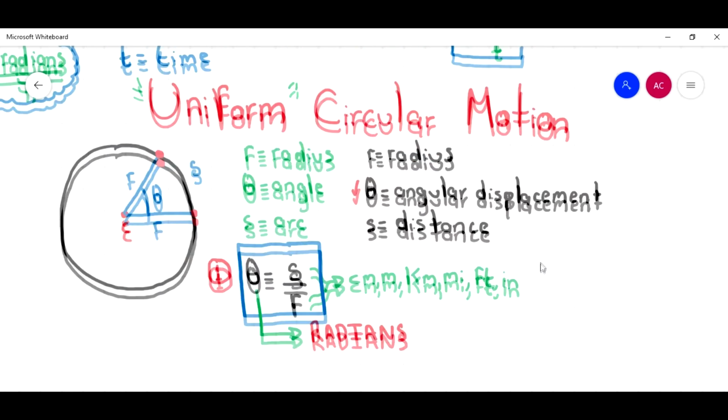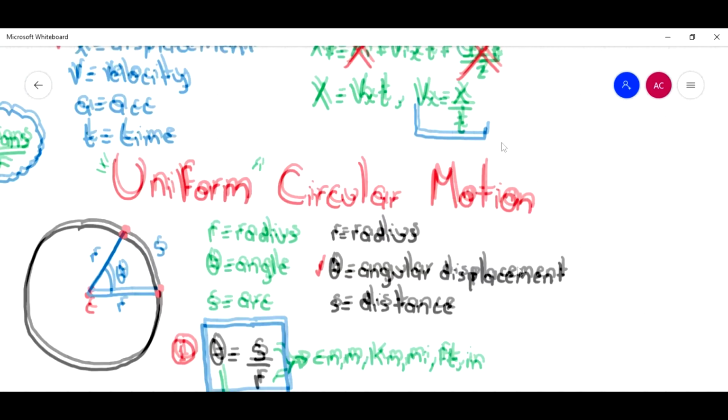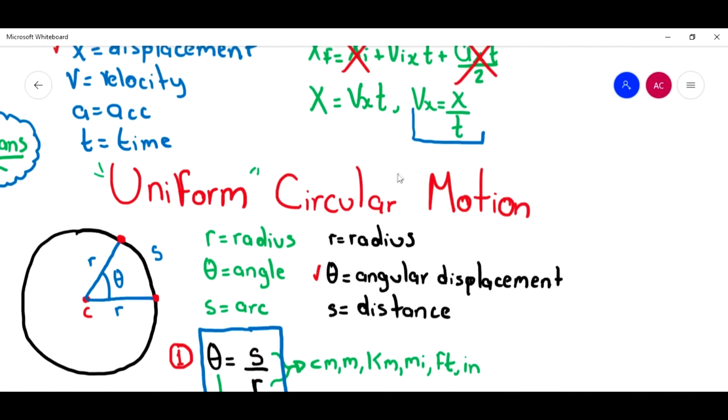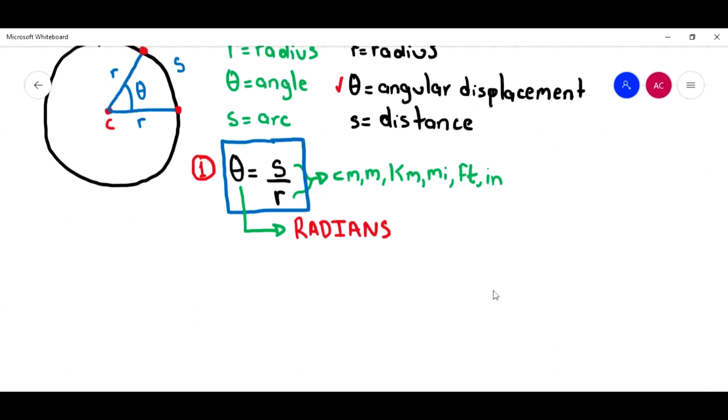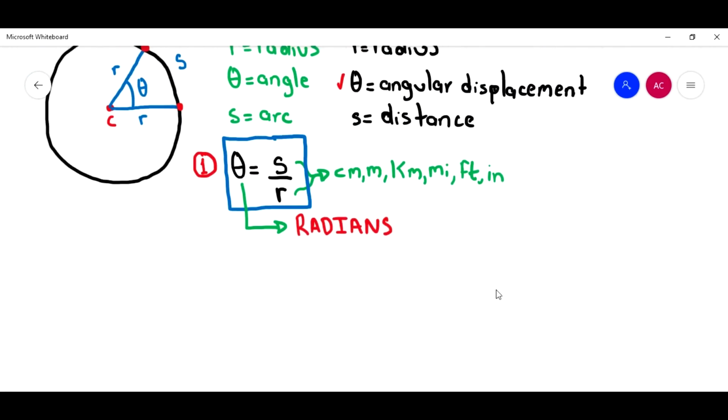So I'm going to use this equation in order to find the angular velocity. Angular velocity, I'm going to use the letter W. So the angular velocity equals the distance.